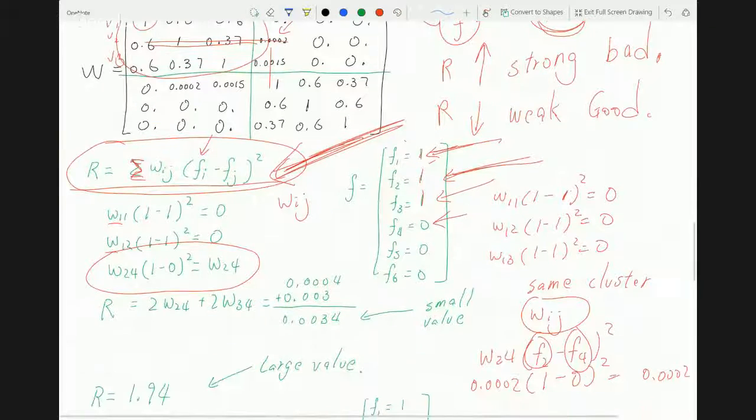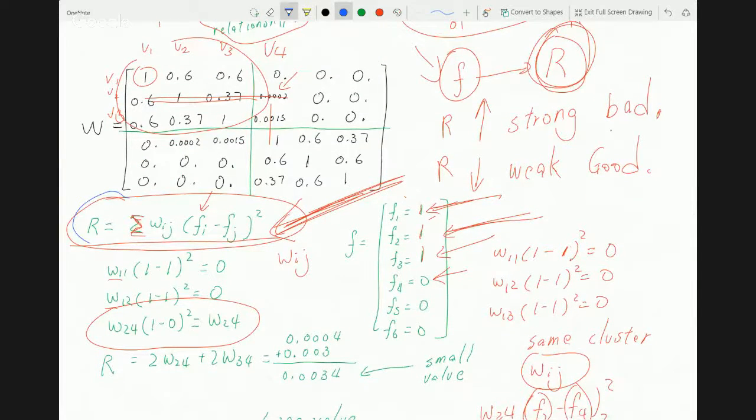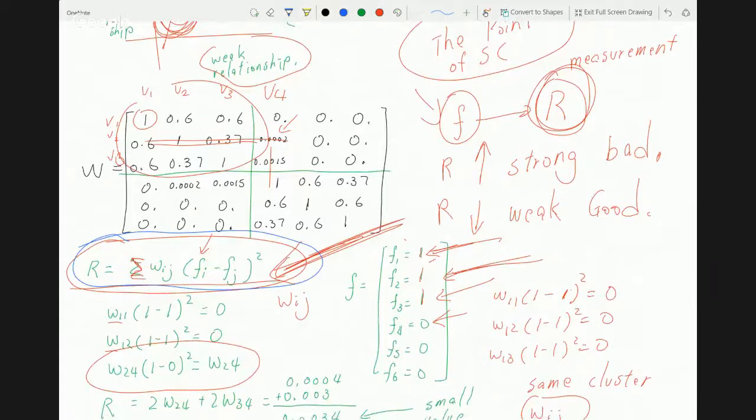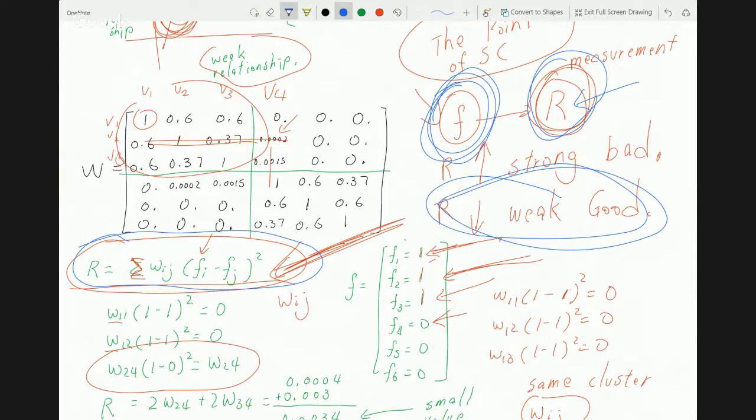Now, you want to make sure you go over this and really study this relationship. But this is what we want. We want a way such that we can evaluate the result. If we evaluate a possible solution and we get an R back, which is some kind of relationship measurement, we want it to be as small as possible.